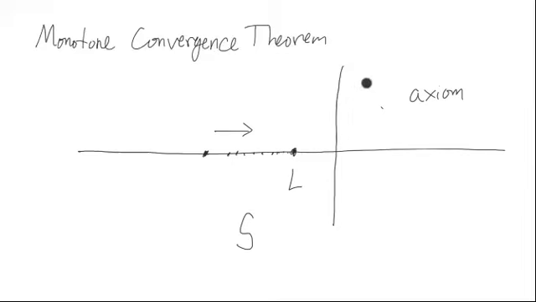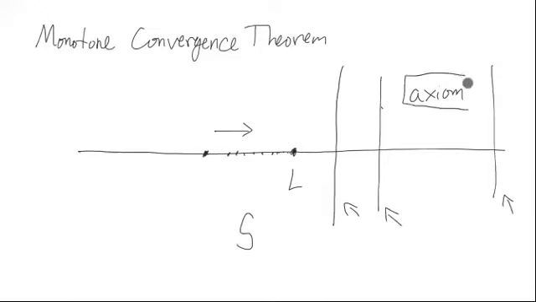I mean, there's lots of upper bounds. This is an upper bound here, but I could have also drawn the line here. This is also another upper bound, or this one. But there's a fundamental axiom, a fundamental assumption about the real numbers, that there's a least upper bound. So all these upper bounds, there's a least one.